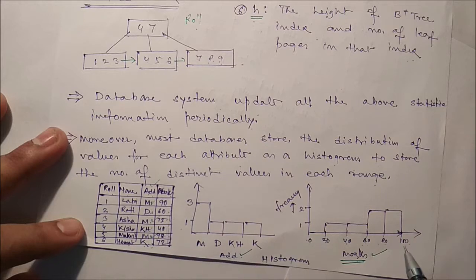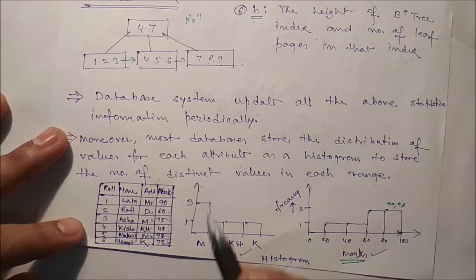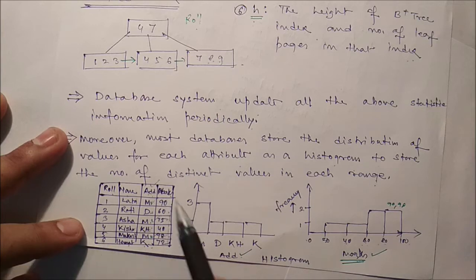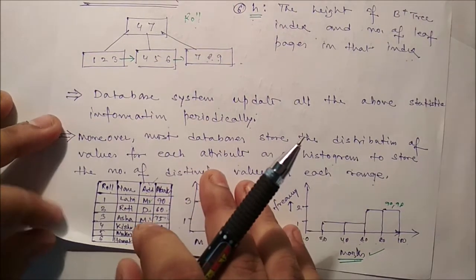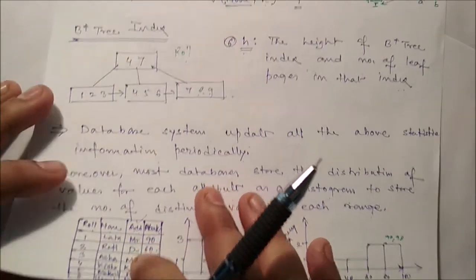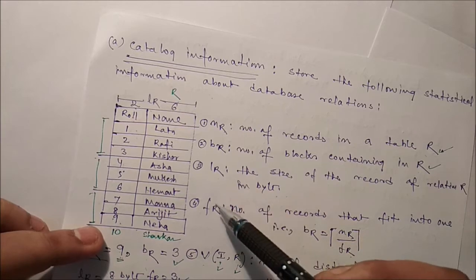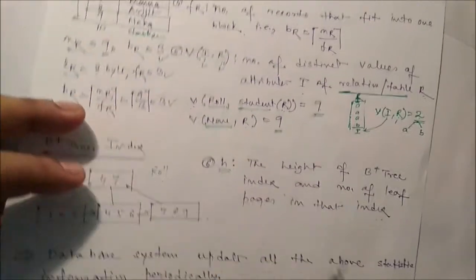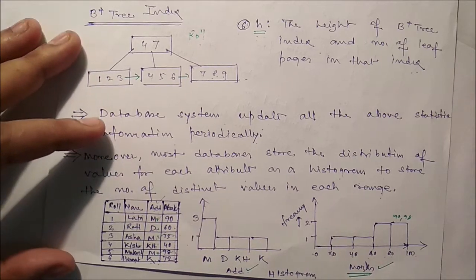In 80 to 100 there are 2 records, 90 and 98. So this is nothing but the histogram of this particular table. Are you getting? So these are the catalog information. Here we store information about the table: NR, BR, LR, FR, distinct values, height of the tree index, as well as we may store the histogram.